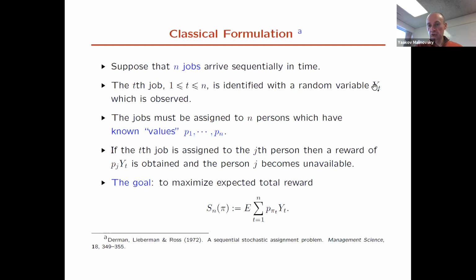Now, when job t is arriving, so observation Y_t is arriving, you need to decide which worker is going to be assigned to this job. If you decide that when job t is arriving you assign worker j, you get outcome p_j times Y_t, and worker j is not available anymore in the future.